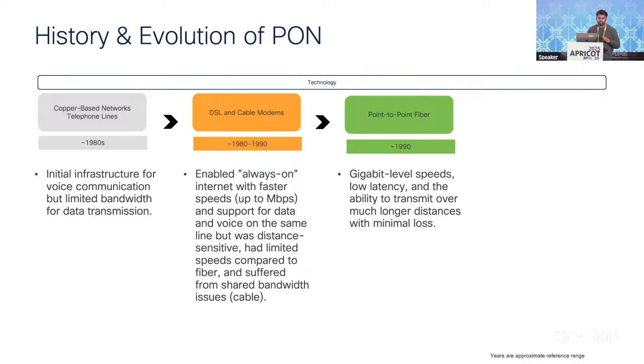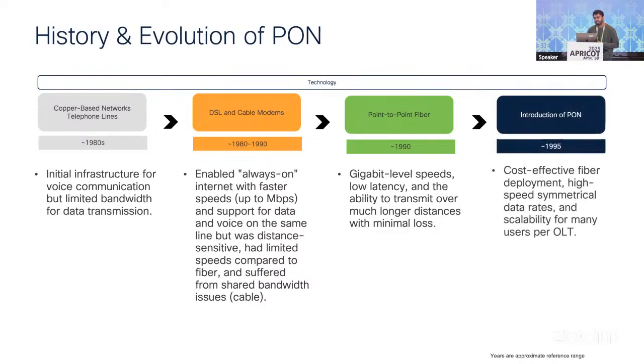So initially we were at a very low speed, then moderate speed, and then gigabit speed, and then we gained additional capabilities such as lower latencies and the ability to transmit over longer distances. Finally we introduced the PON, which was a cost-effective fiber technology for long distances. We can have symmetry in these. We will talk about all these terms, such as symmetrical data rates.